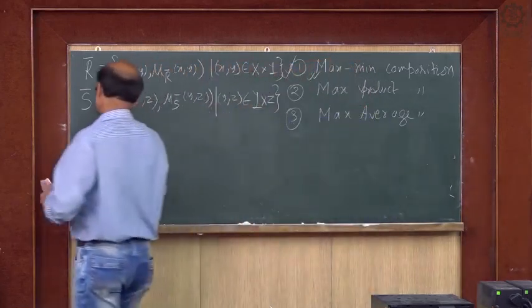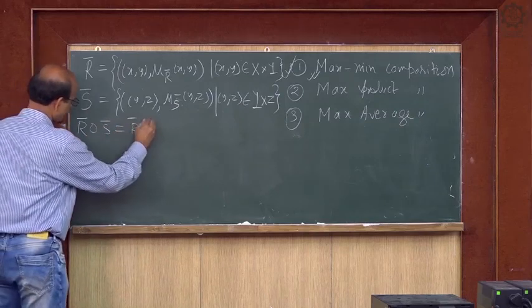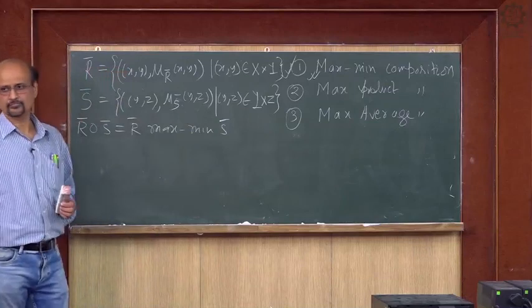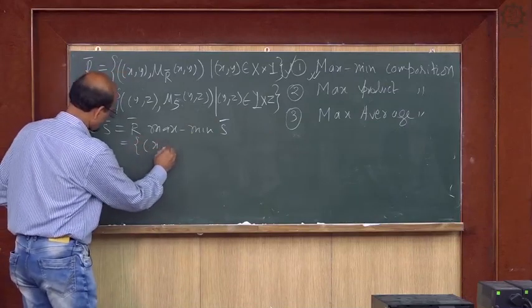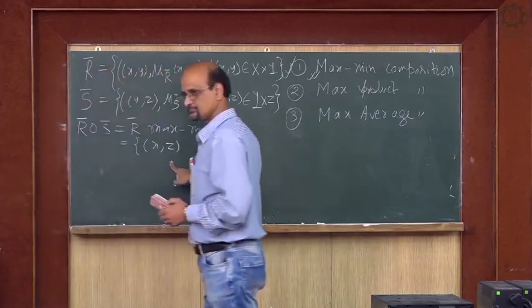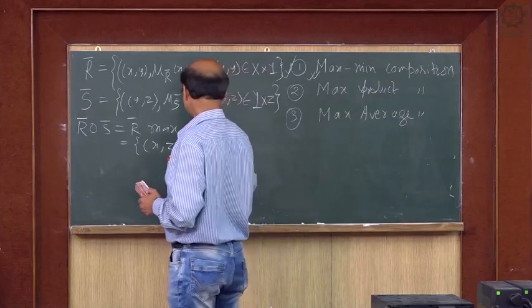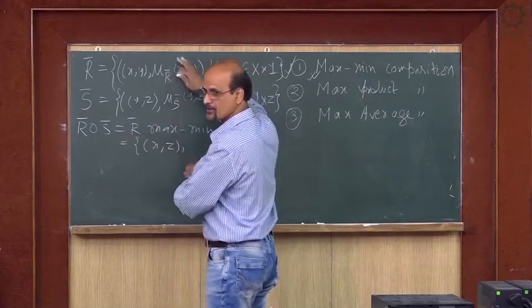So the procedure is R max min S. The elements will be (x, z), and we have mu of, I have to combine such a way.